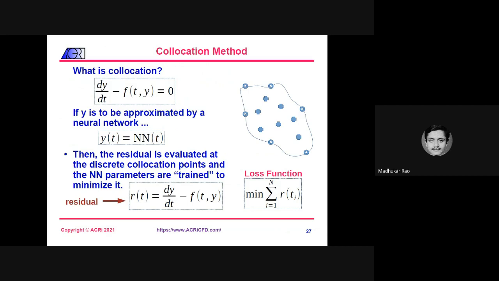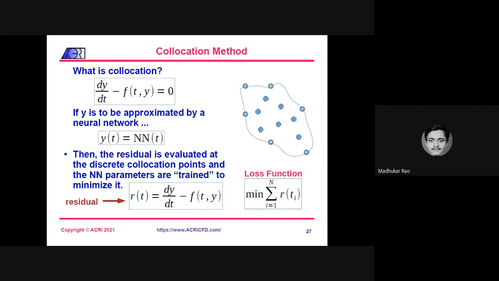So if y is to be approximated by a neural network to an arbitrary degree of accuracy, then I write y(t) is neural network of t. If I substitute my neural network into my governing equation, I get a residual because I've not trained my neural network. Since I've not trained it, it's not going to give me an accurate result. There's going to be an error, which is my residual.